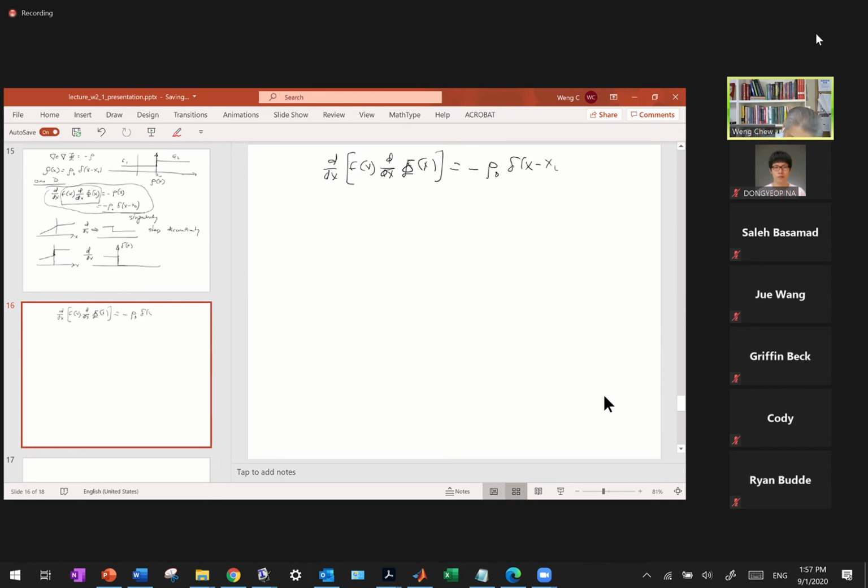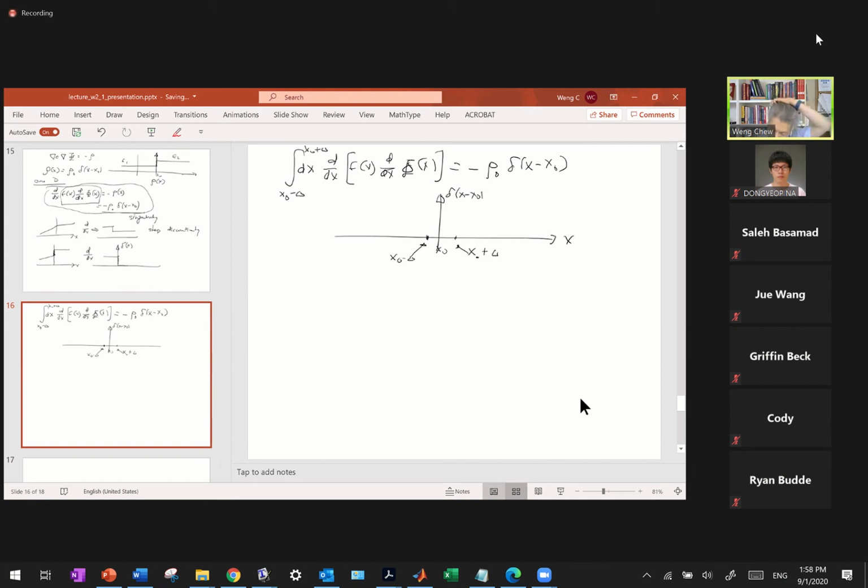I integrate this equation from a point that is slightly to the left, which is x naught minus delta, to a point that is x naught plus delta.